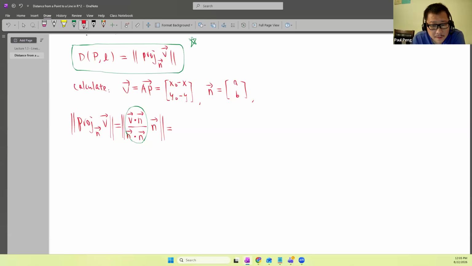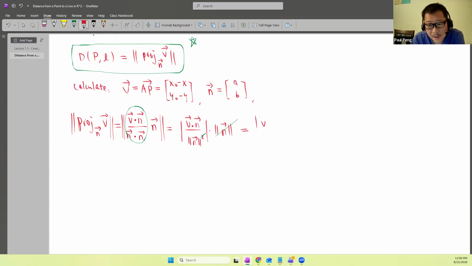Therefore we have the absolute value of v dot n over n dot n, which is the norm of n squared, times n. Then we can simplify, crossing out one factor.